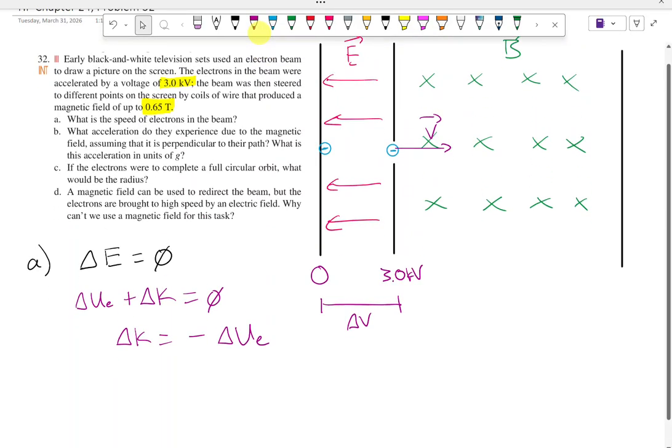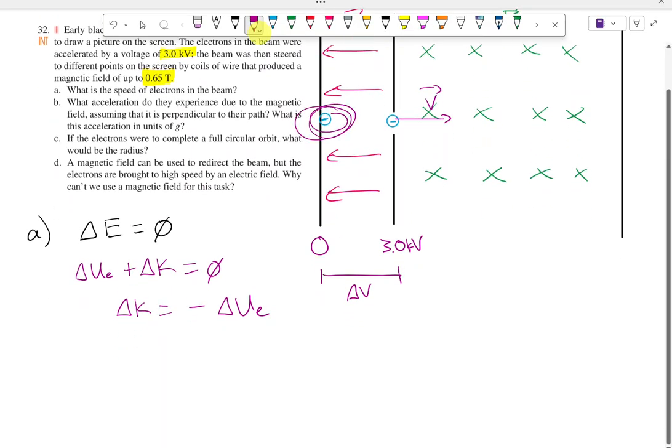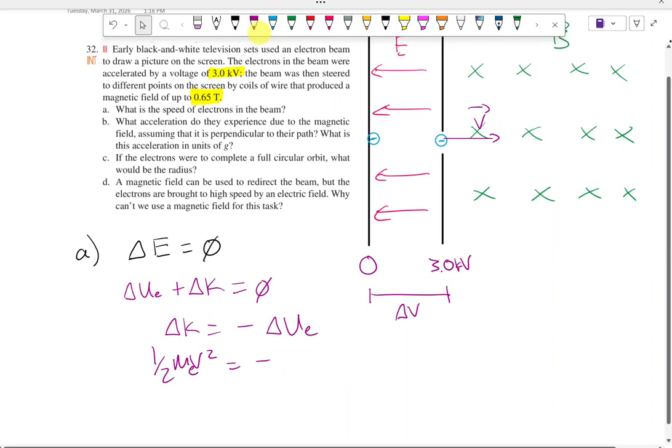So if the electrons are released from rest, eventually they'll reach a speed that I'm trying to find out, v. So the change in kinetic energy: there's zero kinetic energy to start with, and at the end it's going to have a kinetic energy of 1/2 mv squared, where m is the mass of an electron. And then over here we're going to have the electric potential energy.